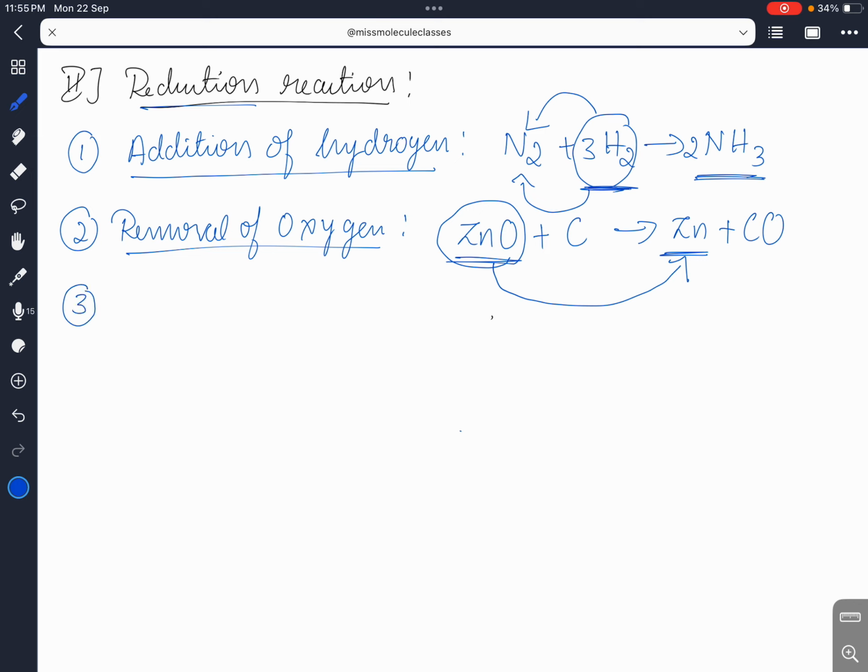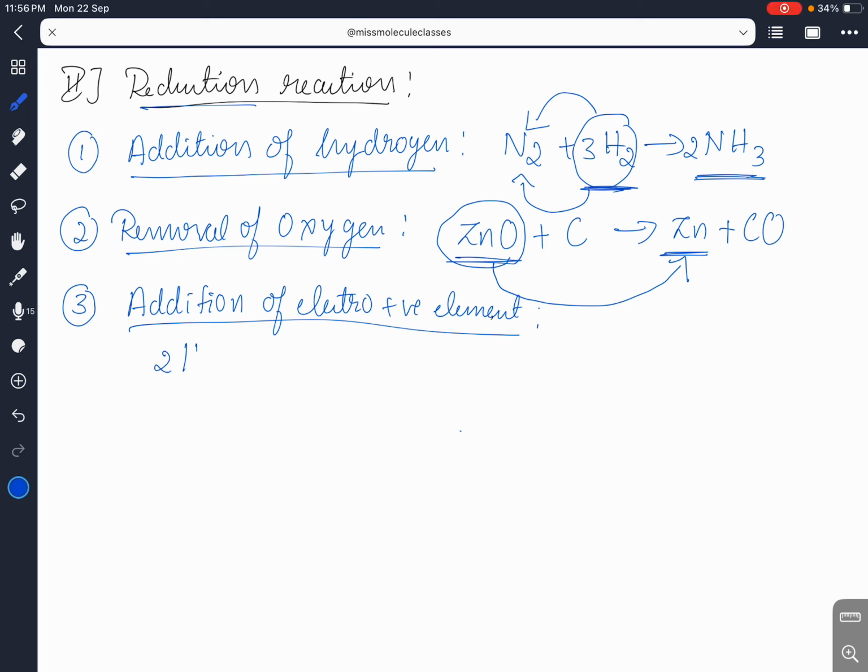The third method of defining this reduction reaction is addition of electropositive element. We have to add an electropositive element to a metal or any molecule or compound, which is termed reduction reaction.